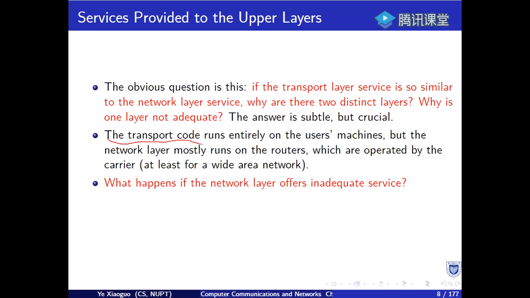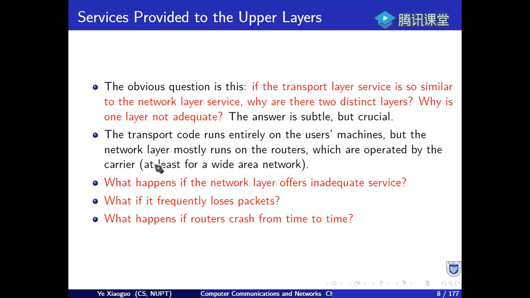The transport code runs entirely on the users' machines, but the network layer mostly runs on the routers, which are operated by the carrier, at least for a wide area network. What happens if the network layer offers inadequate service?